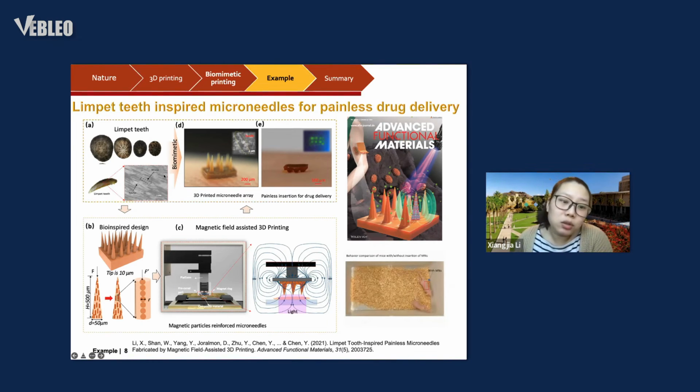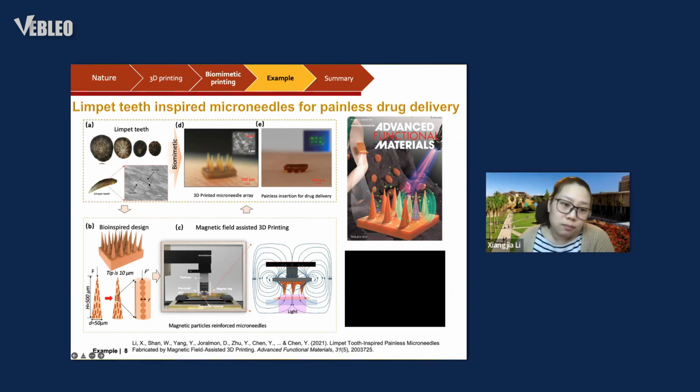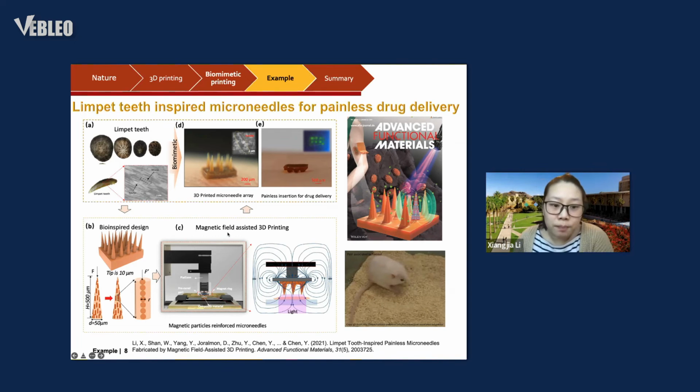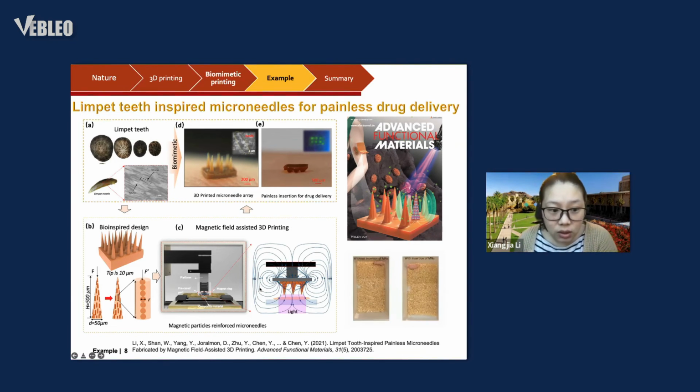So when we take a look at their architecture, it has magnetic responsive mineral fibers inside the polymer matrix. Based on that, we developed our magnetic field assisted 3D printing approach. Then we can align the magnetic responsive particles inside the polymer matrix.